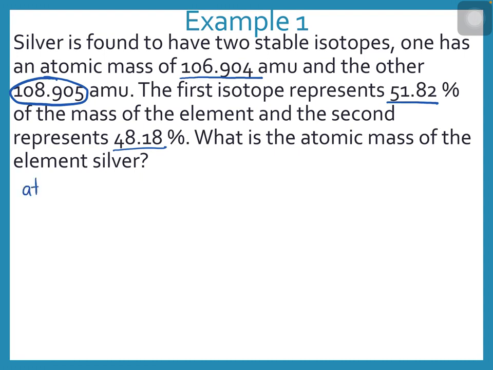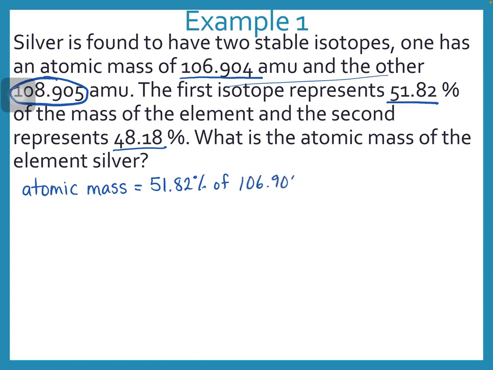So atomic mass is equal to the percent of the first mass added to the percent of the second mass. So I have 51.82% of 106.904 and 48.18% of 108.905.